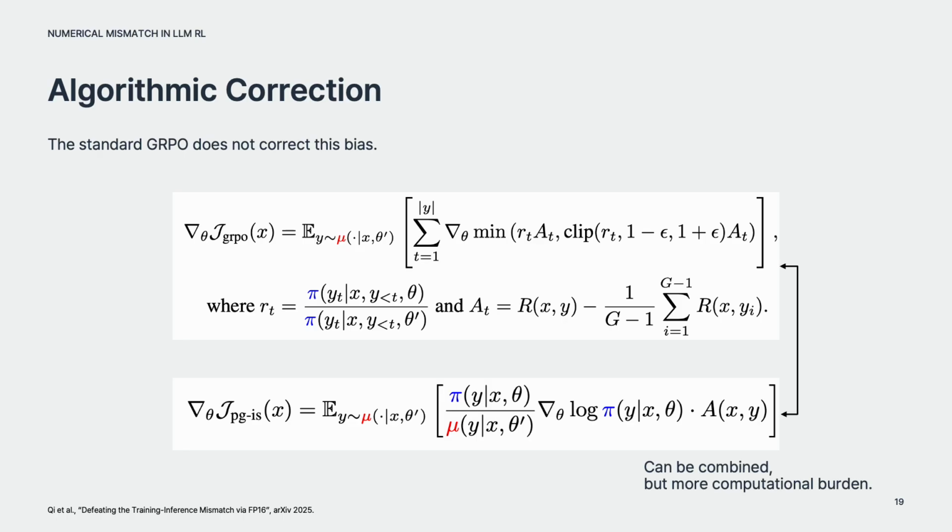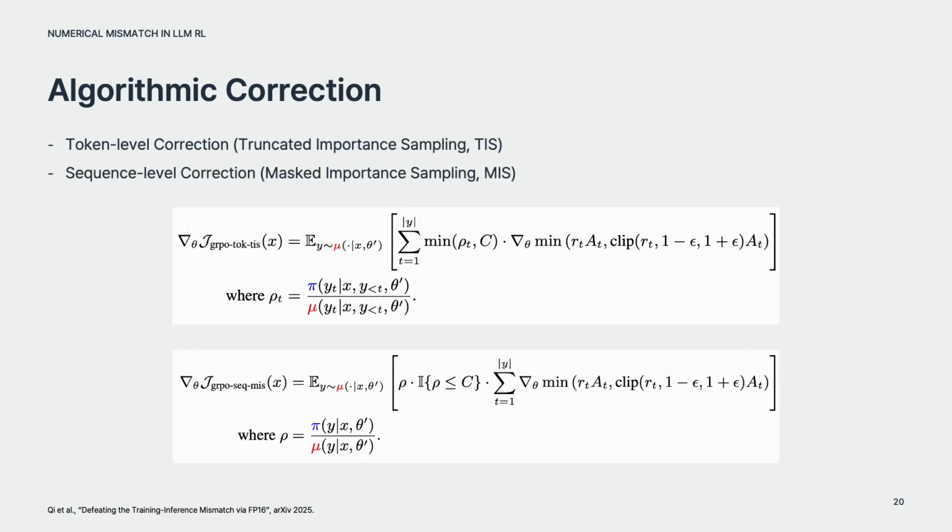Naturally, it is possible to introduce an additional importance sampling correction to account for both biases simultaneously. However, doing so would require some additional sampling from the rollout policy under the training engine, which incurs extra computational burden. There are some techniques that apply additional importance sampling at the token and sequence levels to obtain a less biased gradient estimate.